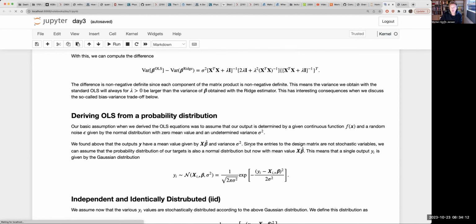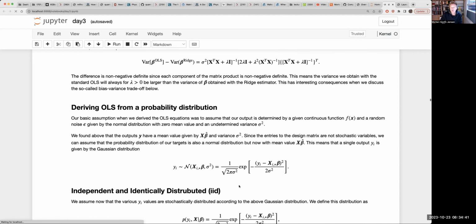So what we can then do with the expectation value we have here, and the variance for y: the variance for y is the same as the noise has, except that now it has a mean value which is given by this design matrix row multiplied with a vector beta. So remember that this is just a row which has been multiplied with the vector beta, so this becomes a scalar.